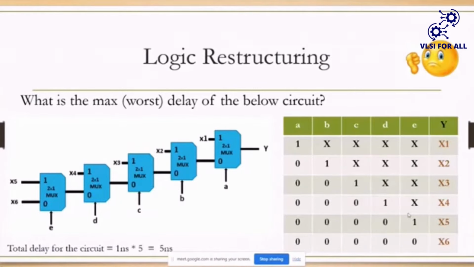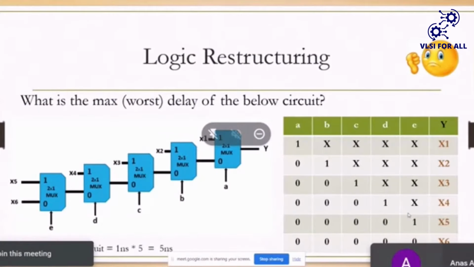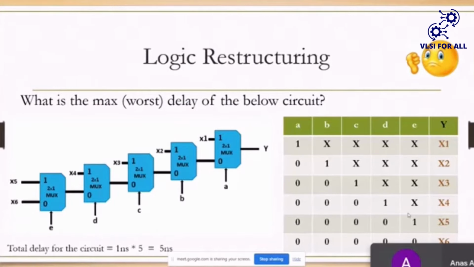If all the inputs are either 0 or 1, it doesn't matter. If the A input is logic 1, then my output must be X1. This is my functionality. According to the functionality, there is a design which requires five 2-to-1 multiplexers connected in a cascade fashion in this way.